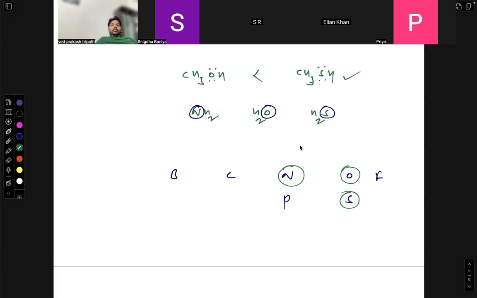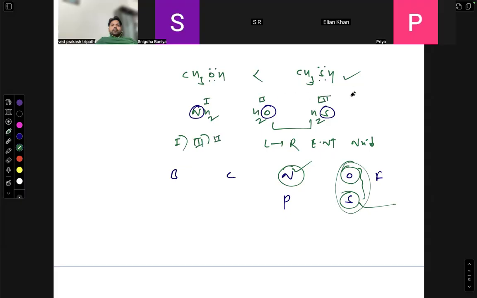Now you know that if you are moving left to right, electronegativity increases, nucleophilicity decreases. So oxygen and sulfur are right to the nitrogen. So it means nitrogen is a better nucleophile. So first would be nitrogen. Now oxygen and sulfur, both same group. So size here. So we can say third, then first, second. Make sense?